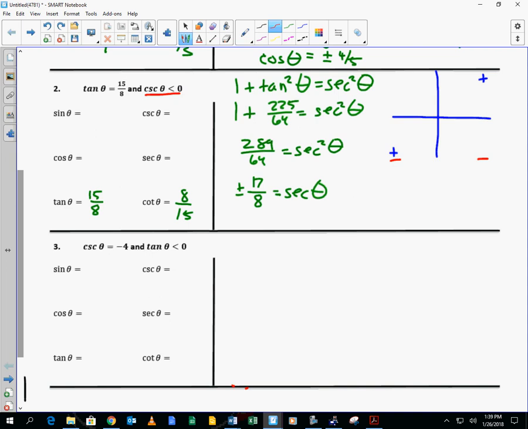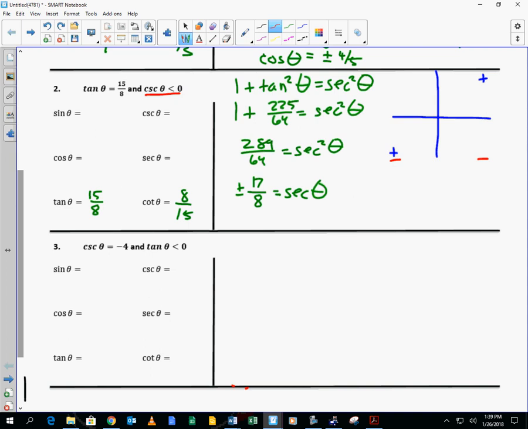Cosecant's less than 0. Cosecant is the reciprocal of sine. If cosecant is negative, you agree that cosecant's negative, right? Then sine's negative as well. Okay? Where is sine negative? Sine's negative below the x-axis.